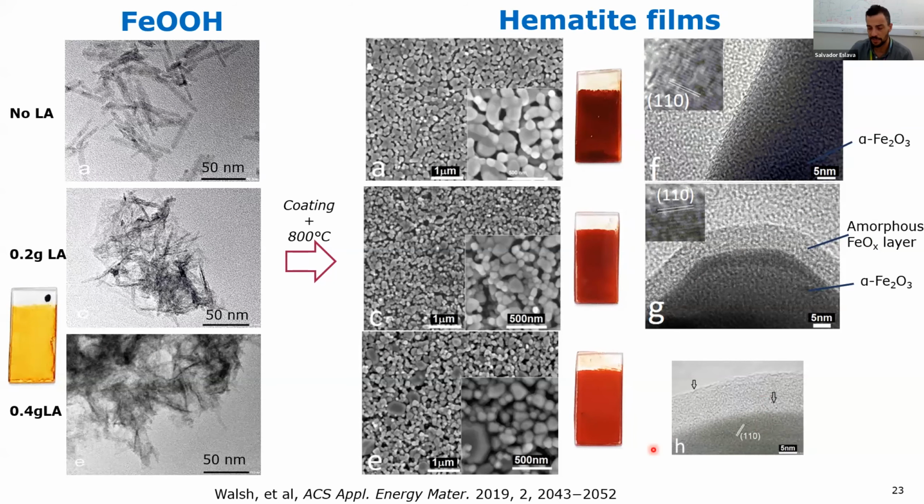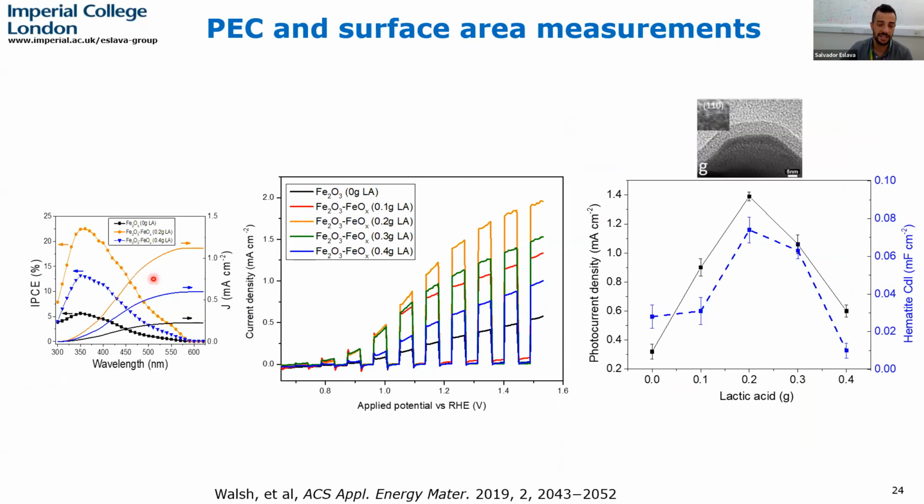That was quite interesting because actually we also saw an improvement of the photocurrents. We had better photocurrents for optimal amounts of lactic acid. We found the best, it was 0.2 grams in the reaction synthesis. And this coincided with the highest photoelectrochemically active surface areas.